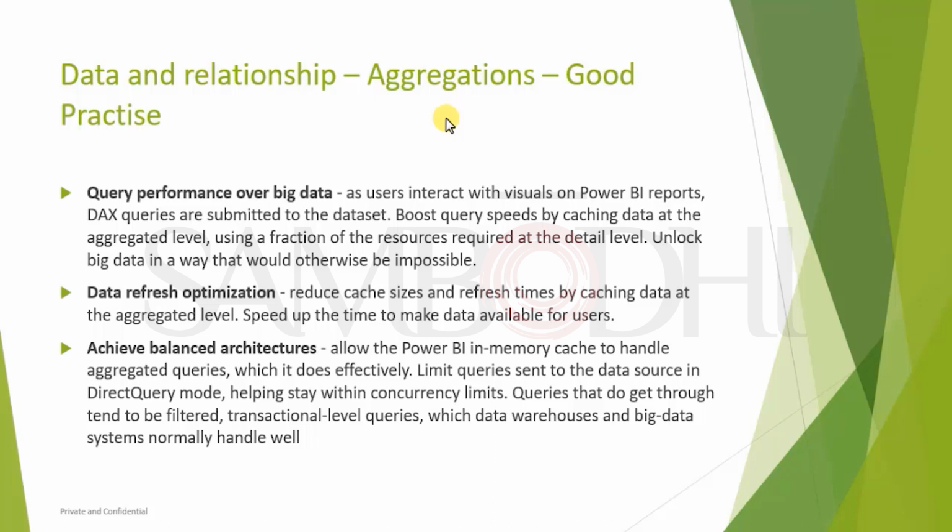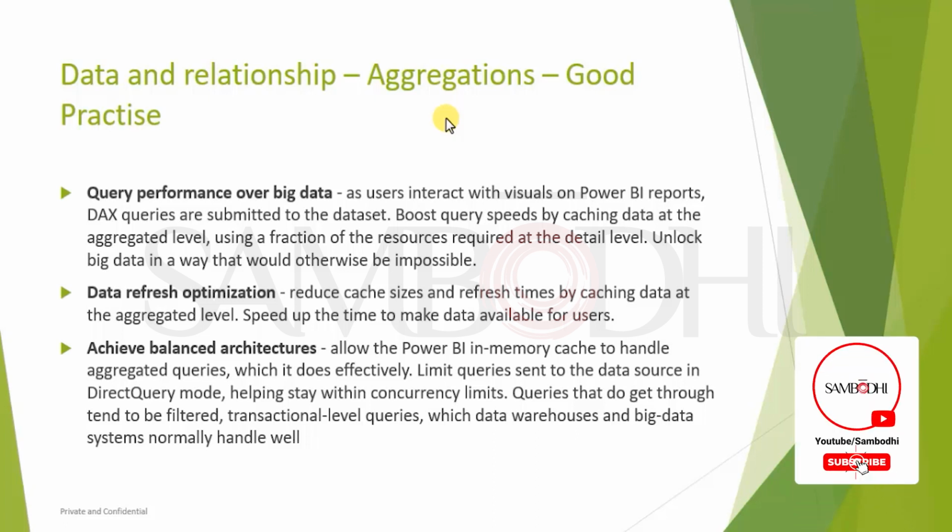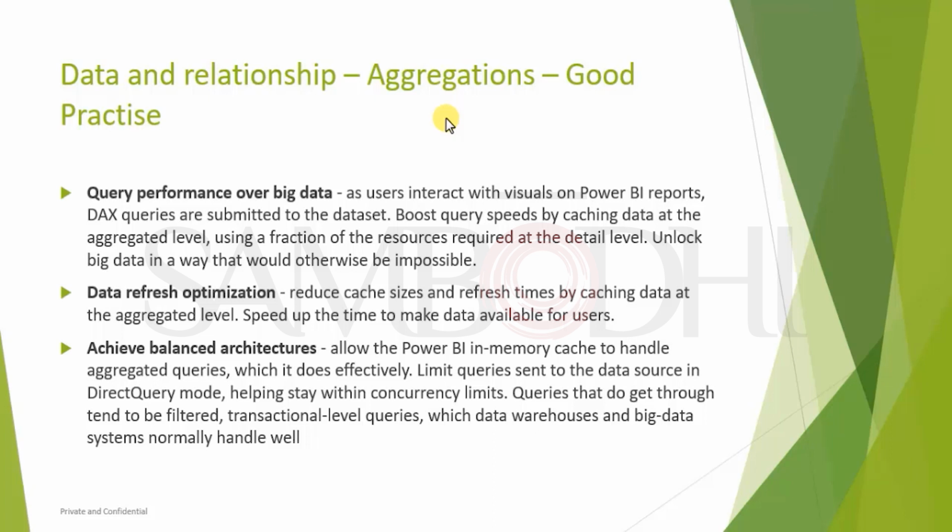So always have a dual mode enabled, and the aggregate level, which is a master table or the summary table as I call it, and speed up the time to make the data available for the users. So rather than refreshing your entire table set, you just refresh the summary table based on direct query and you are good to go.